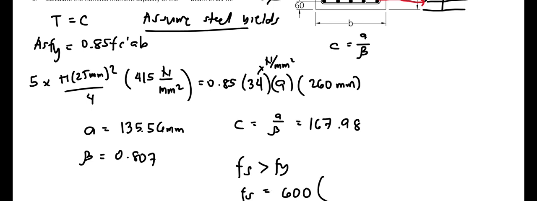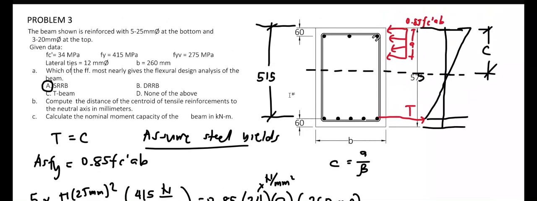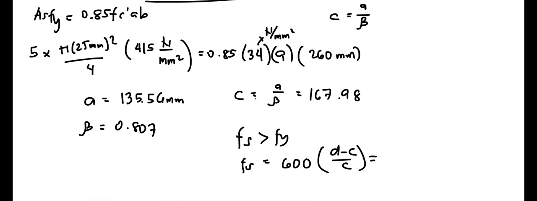So let's see if our assumption is correct. Fs equals 600 times d minus c over c to check if steel would yield. So we have d, that is equal to 515, and c that we have solved right here.